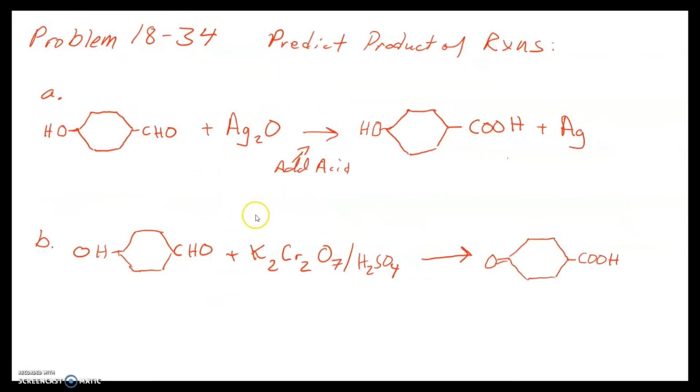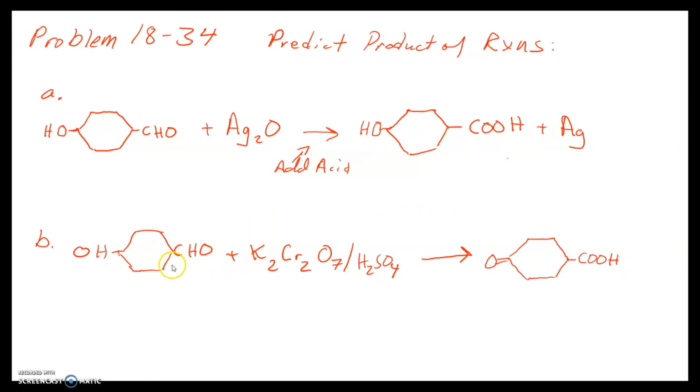In these two examples, we are learning how to oxidize aldehyde. And if we are just going to oxidize aldehyde, we can use silver oxide, and silver oxide easily oxidizes the aldehyde to carboxylic acid. And the silver precipitates out as silver metal, and this is known as Tollens' test for aldehyde.